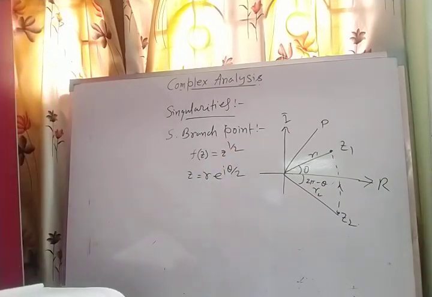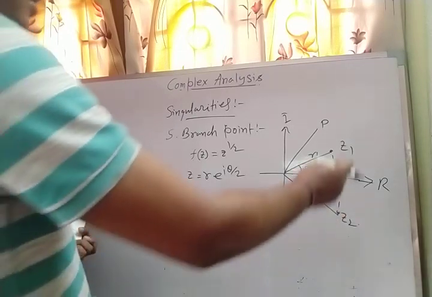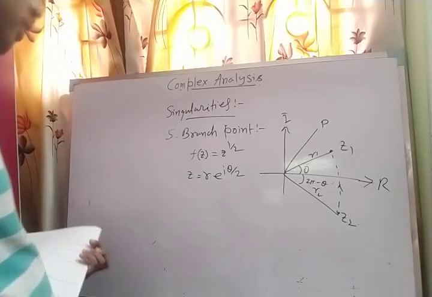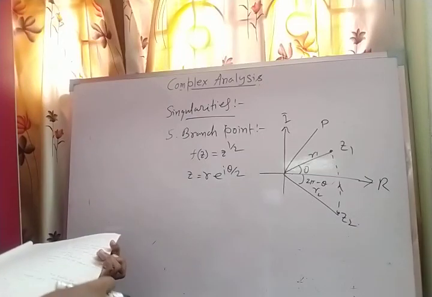Right? Now consider two different points z1 and z2 just above and below the real axis. Okay.